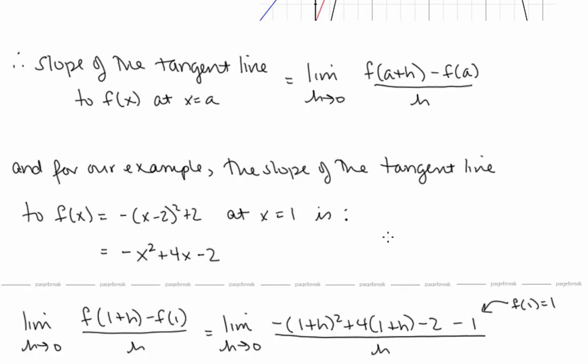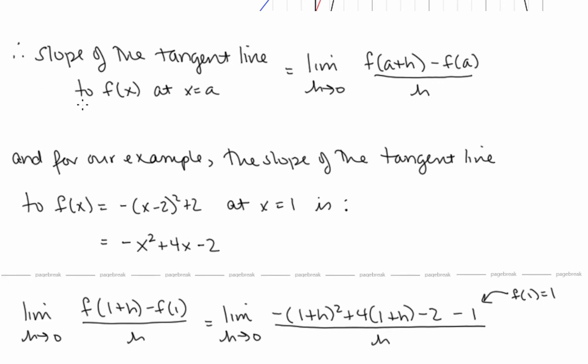So for our example, let's compute the slope of the tangent line. The parabola we have is f of x equals negative x minus 2 squared plus 2. And so if we just multiply that out and simplify, that's going to be negative x squared plus 4x minus 2. And we're looking at the point where x is equal to 1. So the slope of the tangent line to f of x at x equals 1 is going to be, we're plugging a 1 in for a here. So we have limit as h goes to 0, f of 1 plus h minus f of 1 over h.